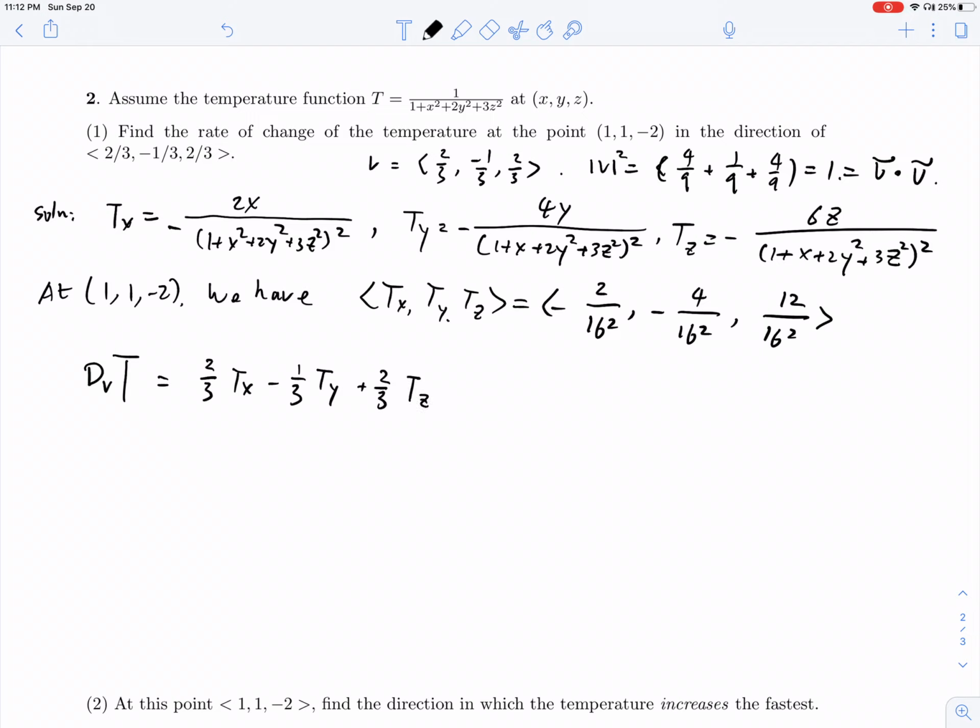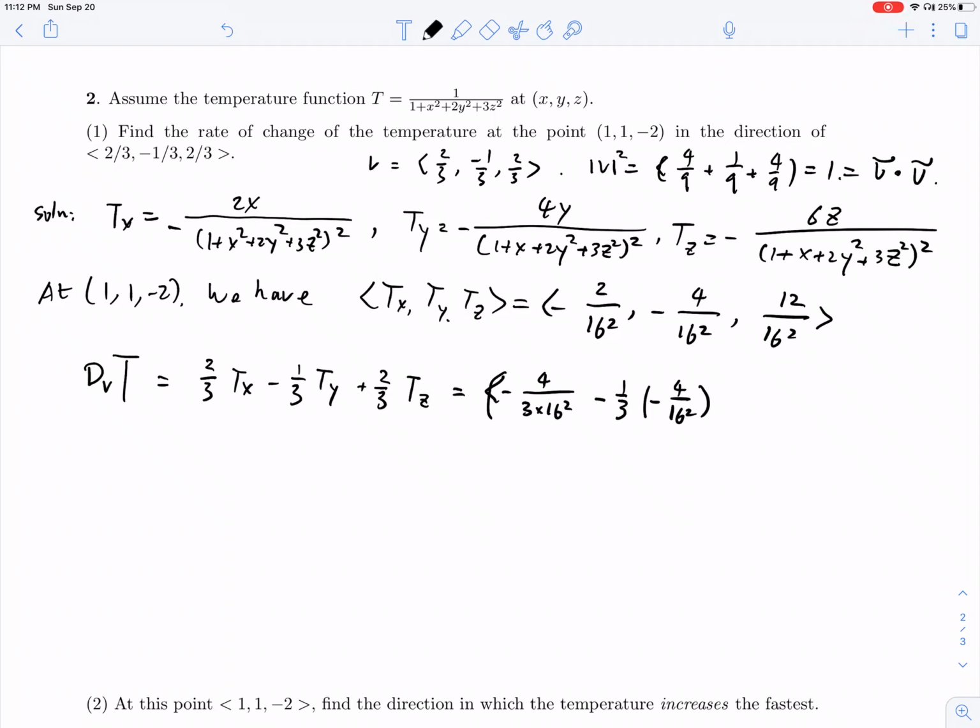If we multiply them out, we have negative 4 over 3 times 16 squared. We add them up, so the second one, negative 1/3 t_y gives 4 over 16 squared.